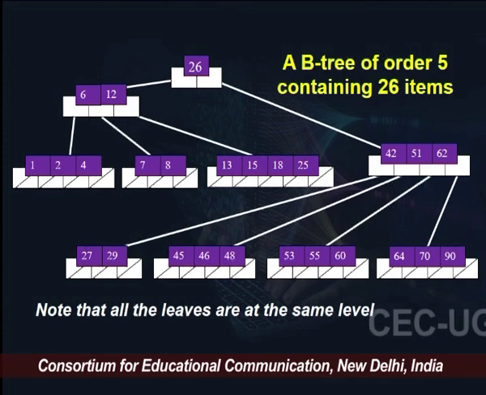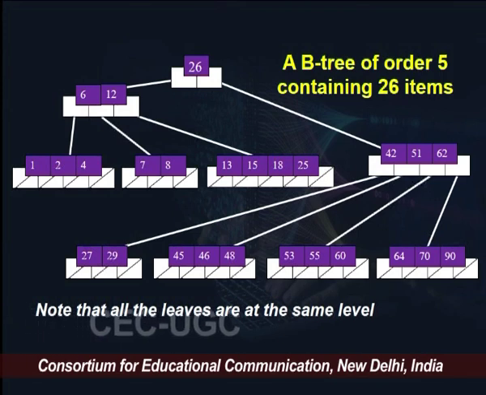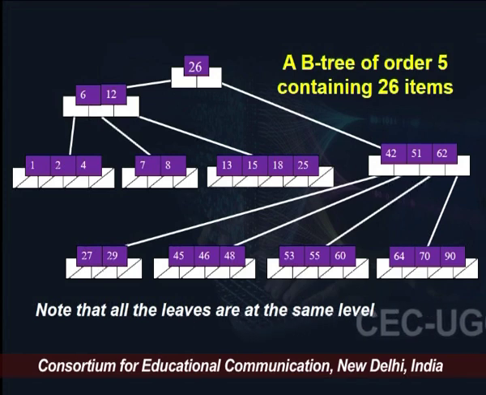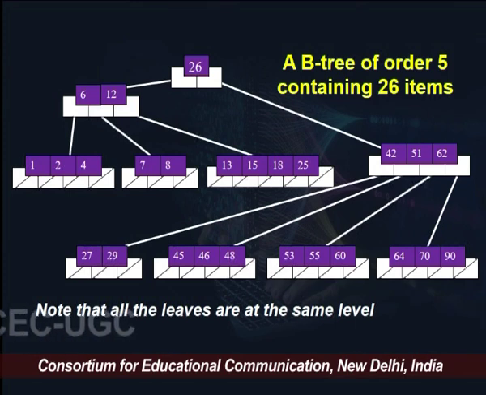Each and every child node is also at least half full, which means that when we talk about order 5, this value must be at least 2. Fewer than 2 keys in any non-root node we are not going to accept. That means the node should be at least 50% full.